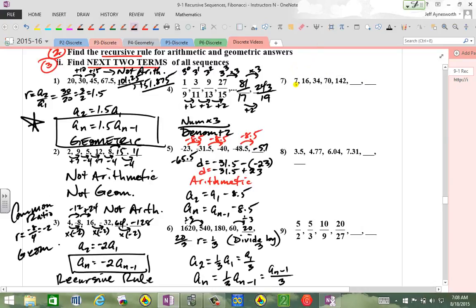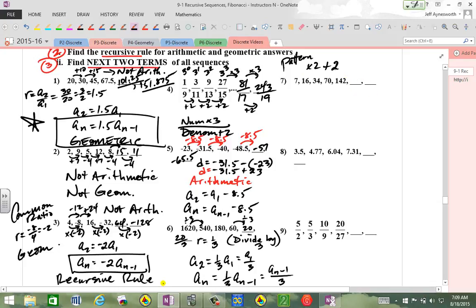If I multiply 7 by 2, I get 14, and then 14 plus 2 would be 16. So maybe I double, so times 2 and add 2. So 16 times 2 is 32, plus 2 is 34. So it's working. So the pattern in this case is multiply by 2 and add 2.